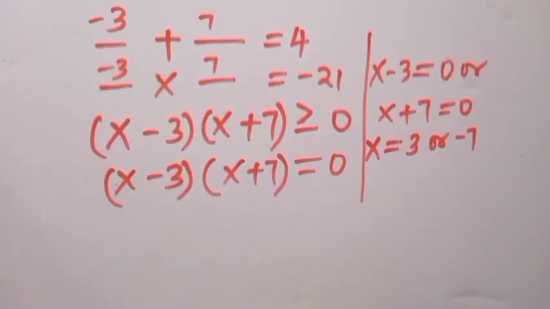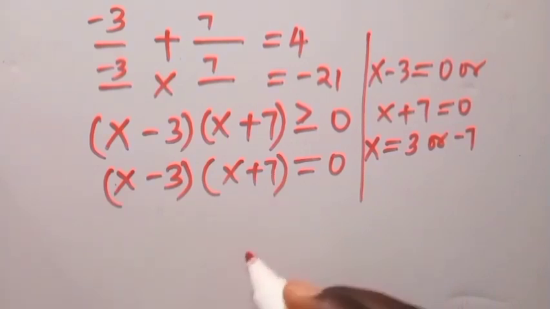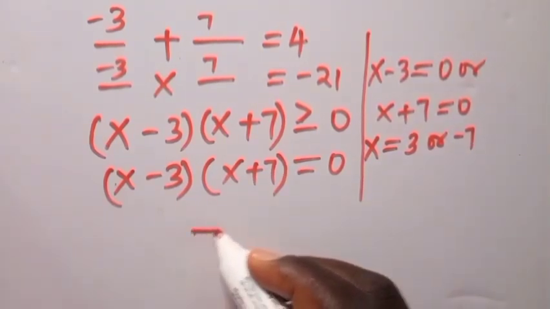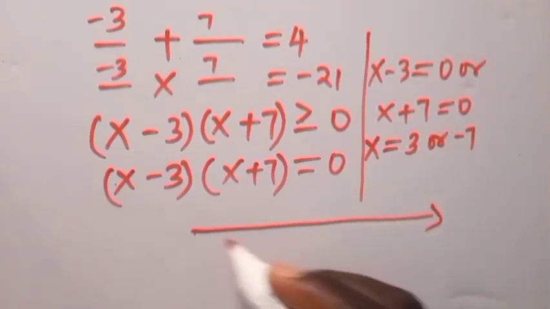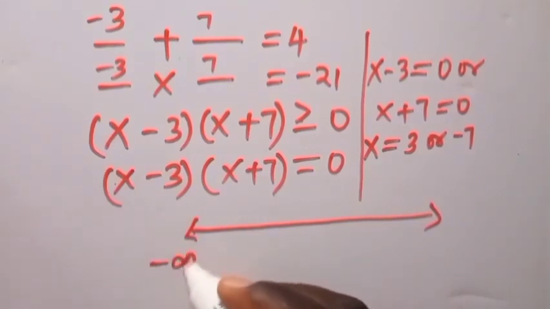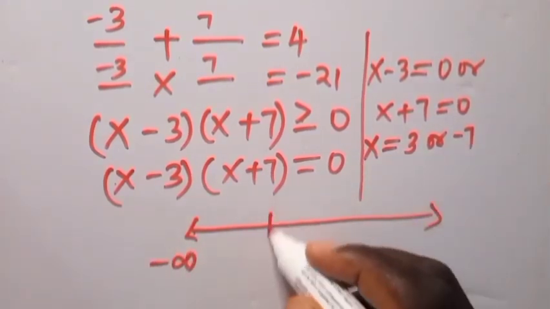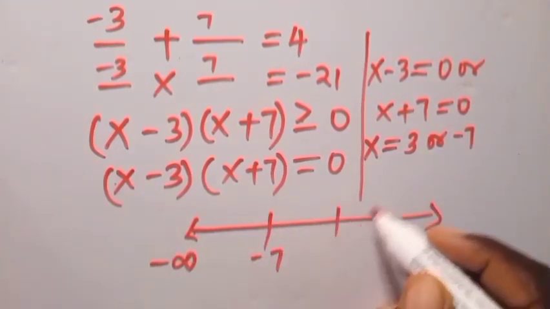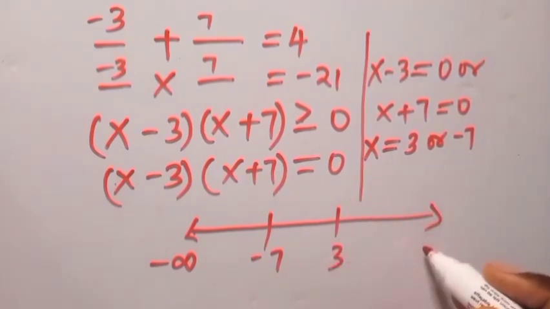Now let us represent this on a number line. We shall have, from negative infinity, negative 7, and 3. Then we have positive infinity.